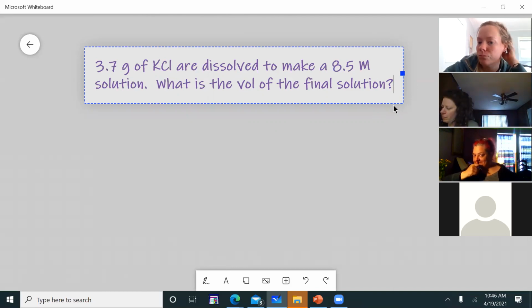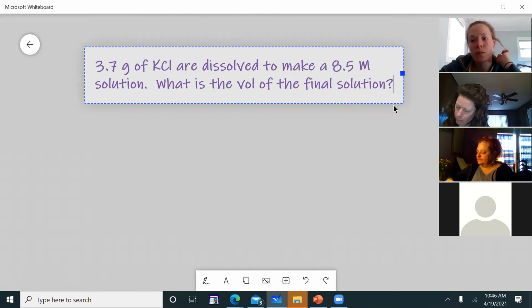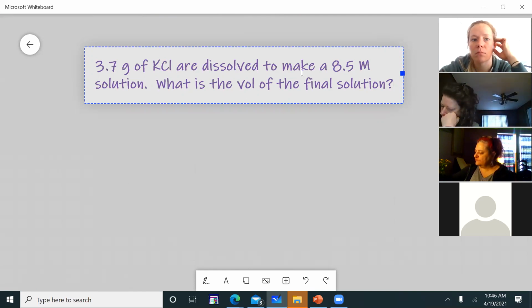What is the volume of the final solution? So I want you to figure out which ones you need to solve for and which ones are given.